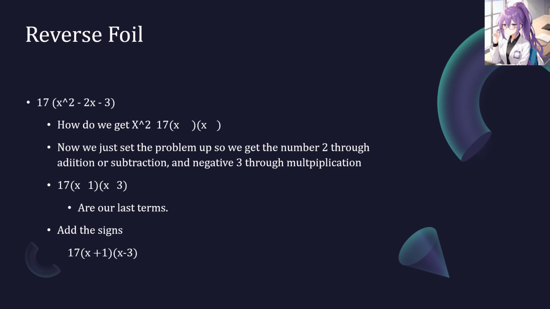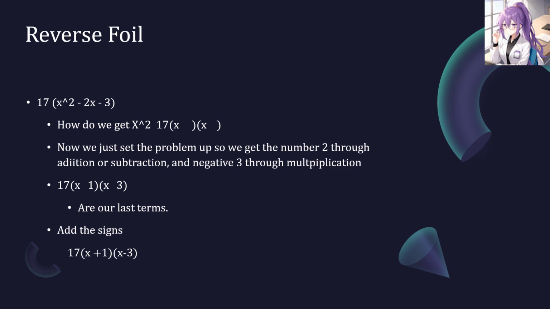So now we have 17 times the quantity x squared minus 2x minus 3. One thing I like to do here is actually set up 2 sets of parentheses, and we're going to figure out how we got x squared, which is just x times x. Now we're going to take a look at the c term, and we see that it is a 3, and we see that the b term is negative 2.